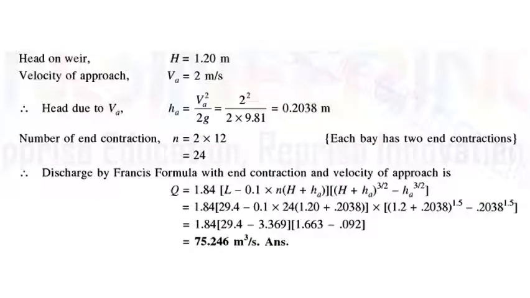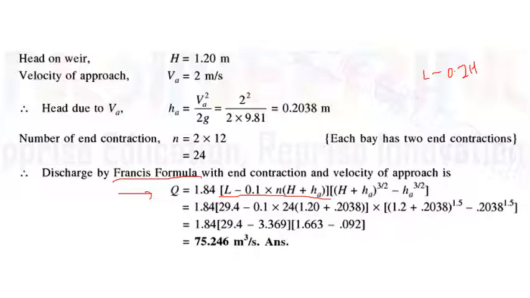By Francis formula, we have Q is equal to 1.84 into L minus 0.1 into N into H. Because before in the derivation, we had the equation as L minus 0.2 into H. How 0.2 came into being is 0.1 into 2 into H. So here we have 0.1 into N, which is the number of end contractions.